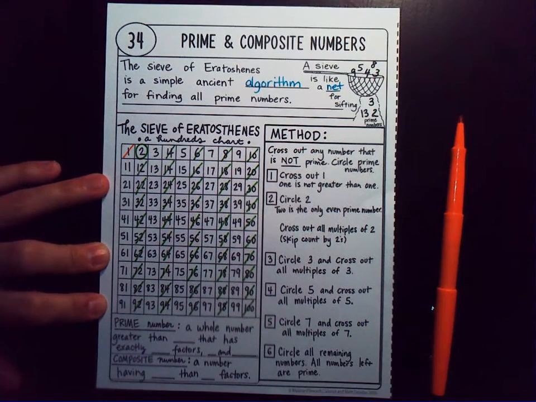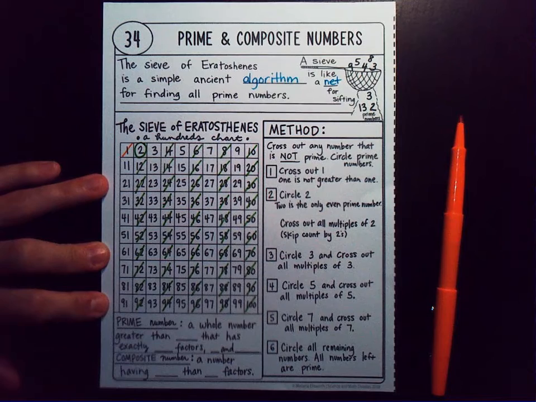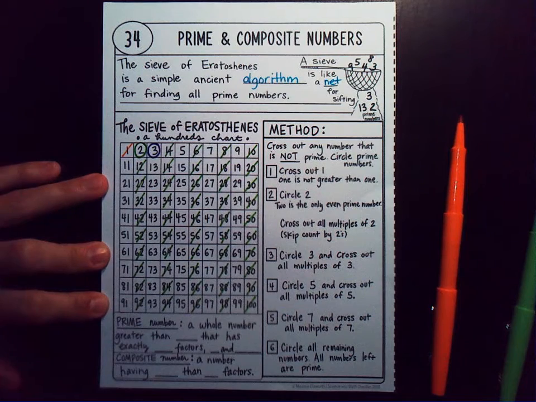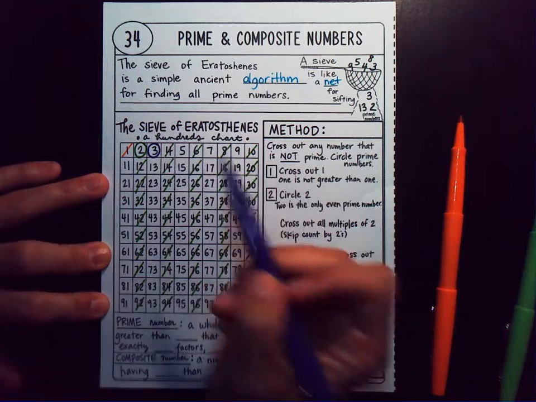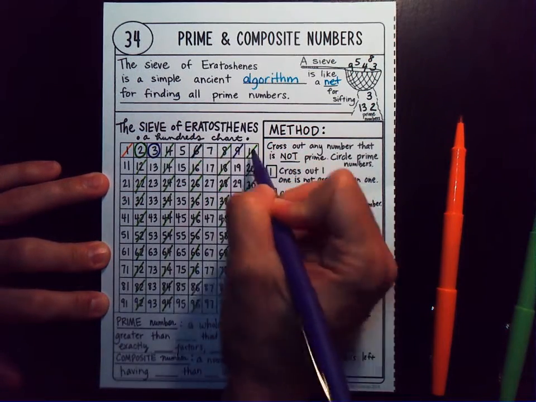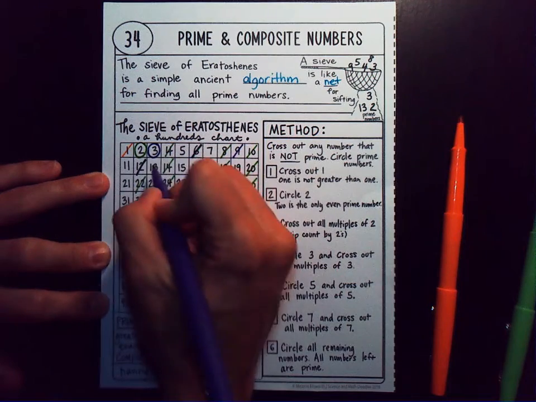I now have only odd numbers left. Next step, I'm going to circle my 3 because 3 is prime, but now I'm going to cross off all of my multiples of 3. I can skip count by 3: 1, 2, 3, 1, 2, 3, and so on.